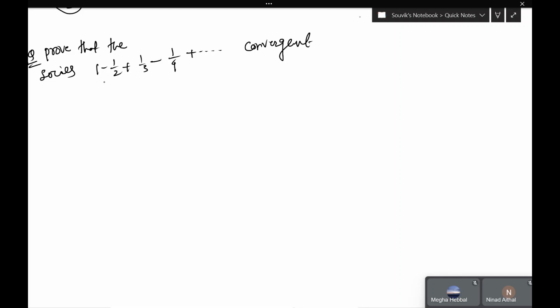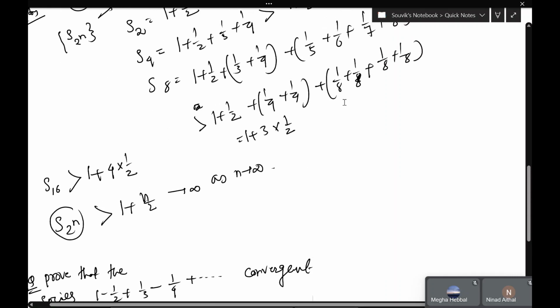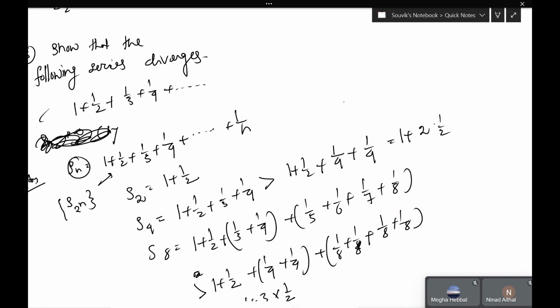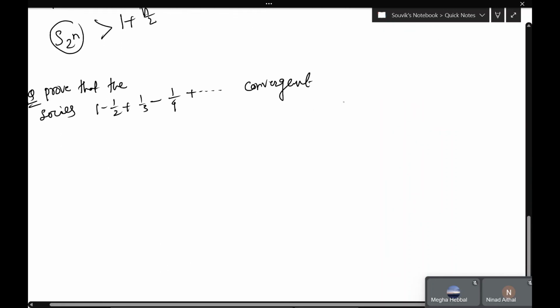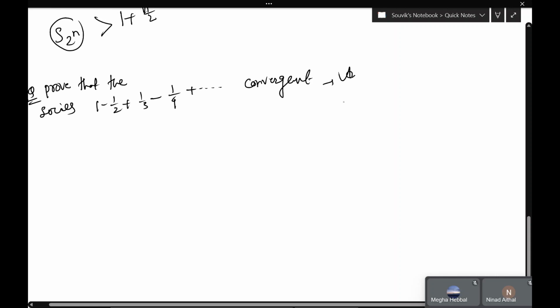Just note one thing, that this series is alternating. The signs are alternating. So this is convergent, and in the previous problem, all signs are positive, and that was divergent. The first one is known as the harmonic series. The second one is known as the alternating series.